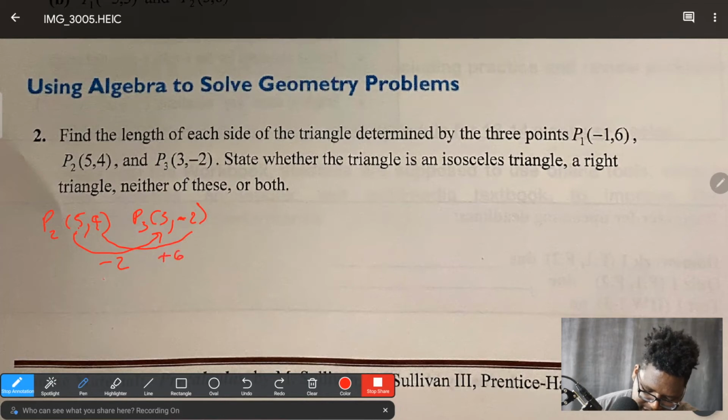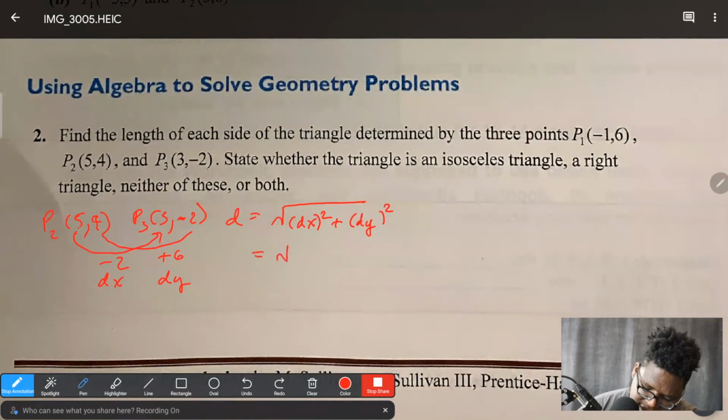So remember the other way we did this: you just do the square root of your x values squared plus your y values squared, which is the total distance, right?